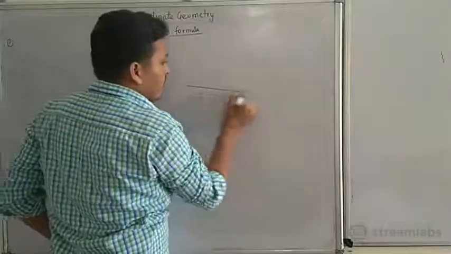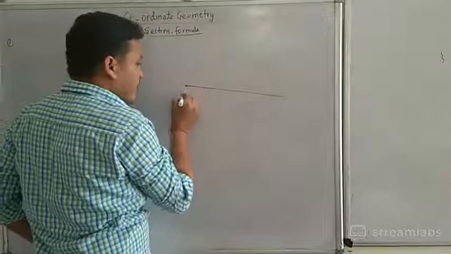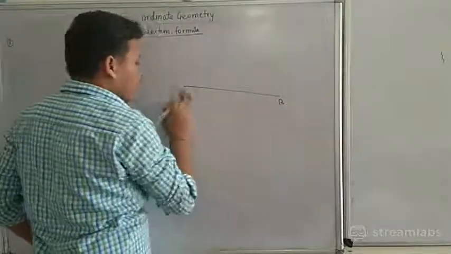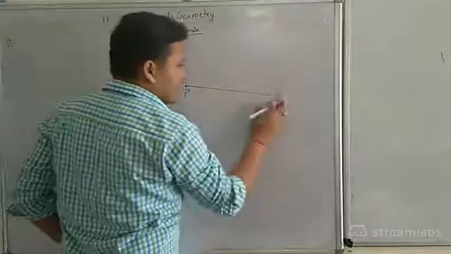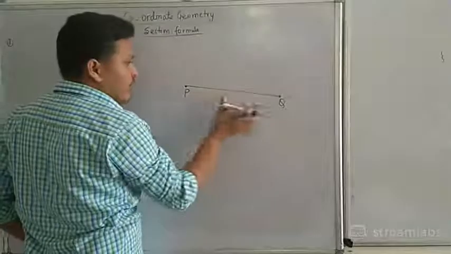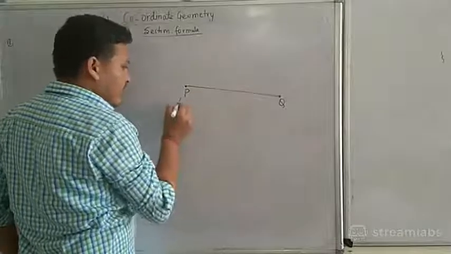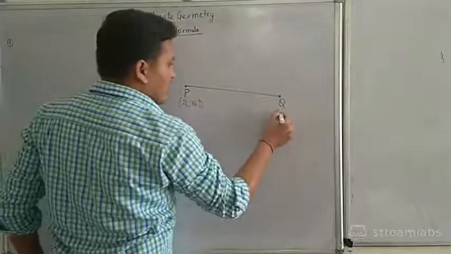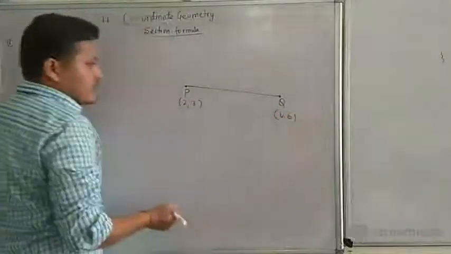If you are given a line with points P and Q, the line joining point P and point Q, where the coordinate of P is (2, 3) and the coordinate of Q is (4, 6).